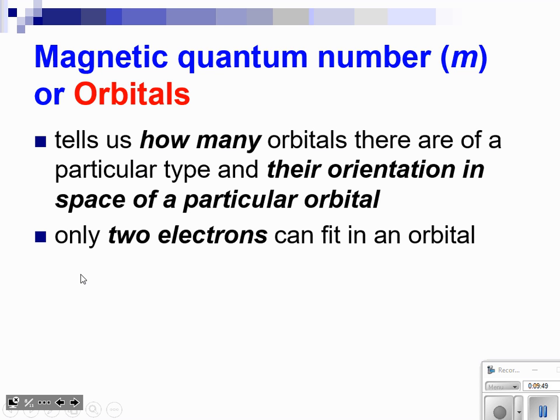The d has 5 orbitals, 5 times 2 is 10, so d can hold 10. And f has 7 orbitals, 7 times 2 is 14, so it could be a total of 14 electrons on f orbitals.